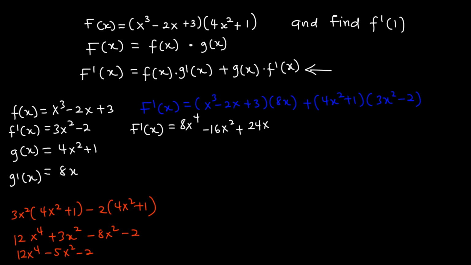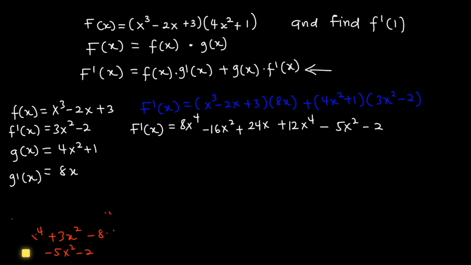Now let's substitute this into what we were doing. So we are going to have plus 12x to the power 4 minus 5x squared minus 2. This is what we have now. Let me free up some space so that we continue.